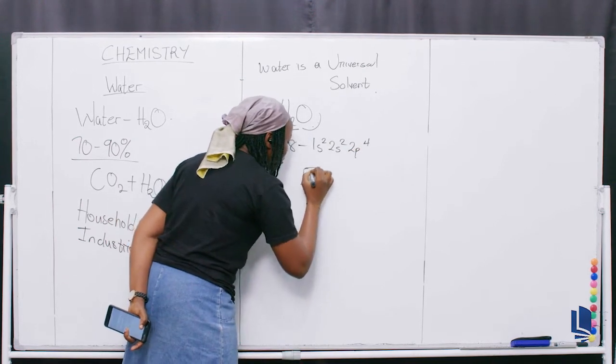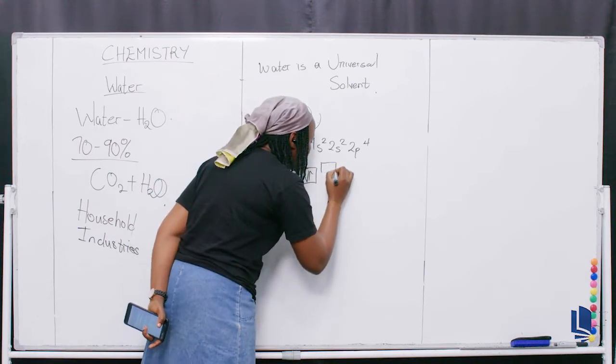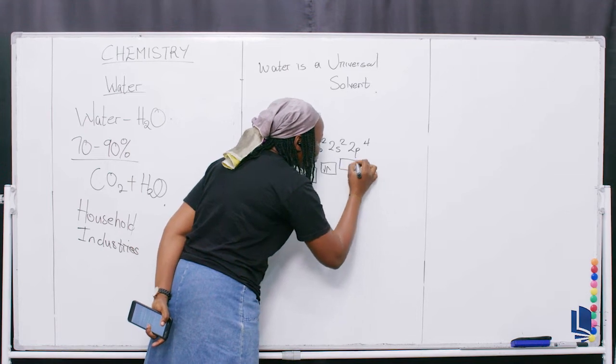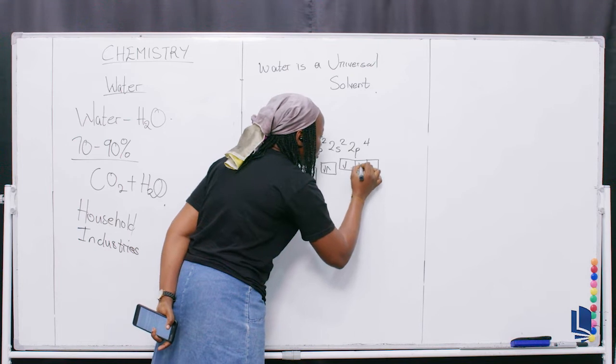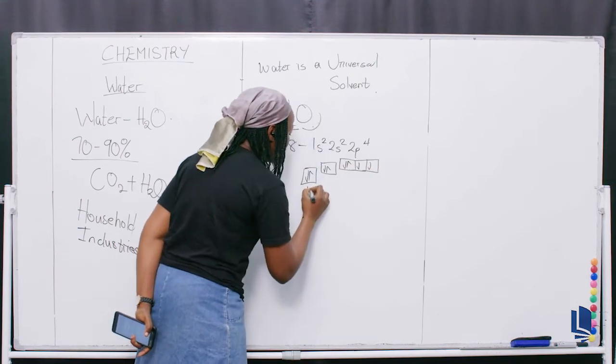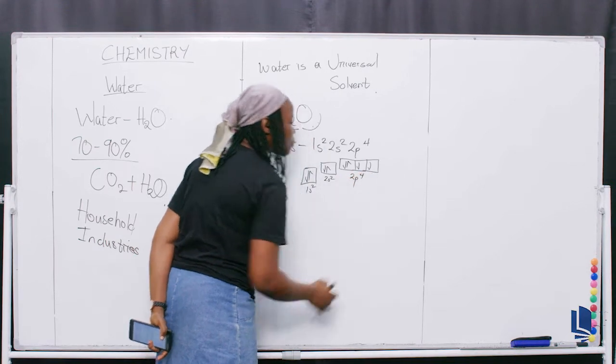That's the electronic configuration. 1s2 will be like this, 2s2 will be like this, and 2p4 will be like this: 1, 2, 3, 4.